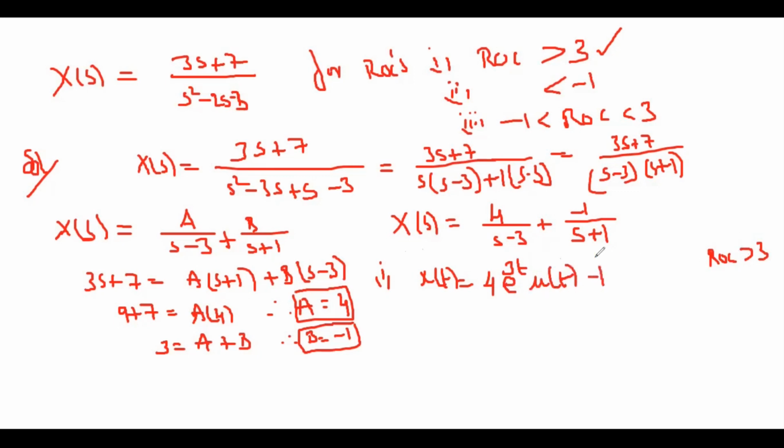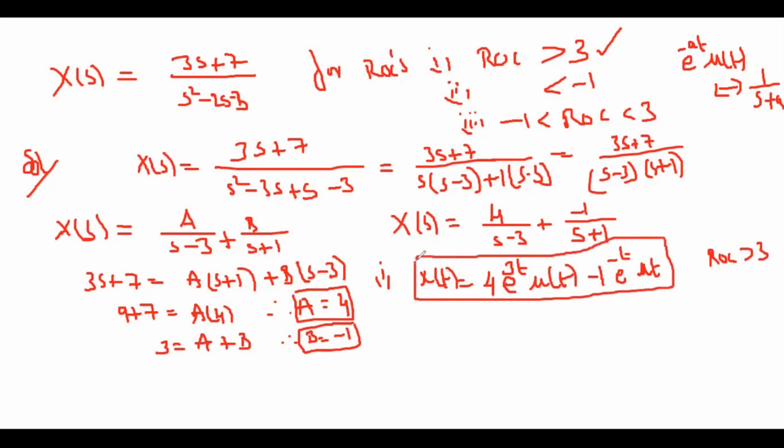Minus 1 is a coefficient, e power minus at mu of t, the Laplace transformation is 1 by (s plus a). What is the a here? Minus 3, so minus into minus is a plus, it becomes 3t. And minus 1 is a coefficient, and e power minus t, because it's plus here, into mu of t. Okay. This is the inverse Laplace transformation for the ROC greater than 3.